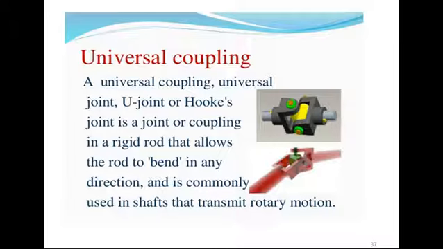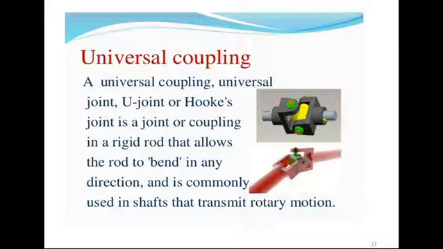Whether the threads are external threads or internal threads, what the convention methods are to show how threads are drawn on paper, that we have seen. Then how we show a blind hole and how we show a through hole on paper, that we have seen today.